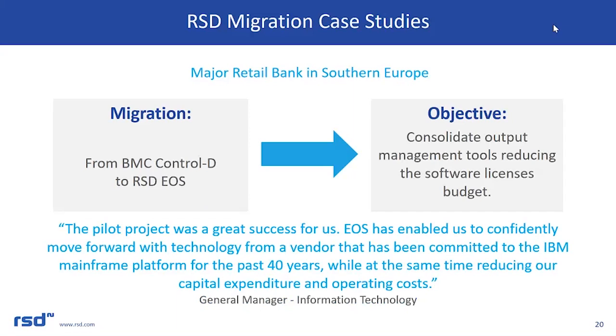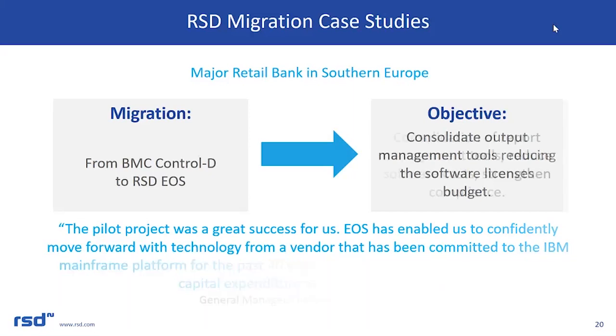EOS has enabled us to confidently move forward with the technology from a vendor that has been committed to the IBM mainframe platform for the past 40 years, while at the same time reducing our capital expenditure and operating costs. And this was from the general manager of information technology.